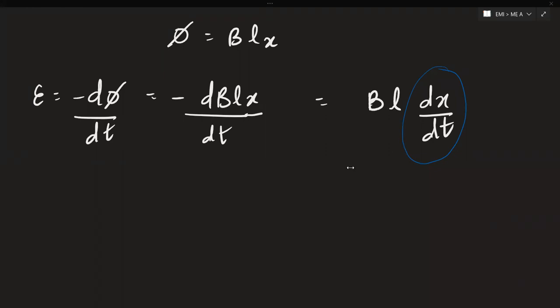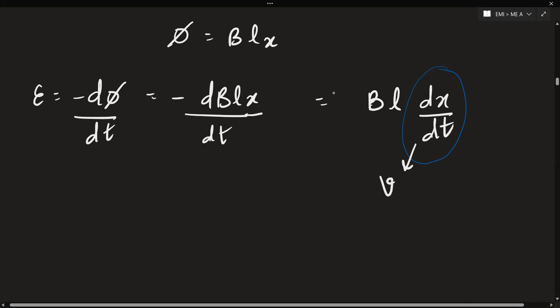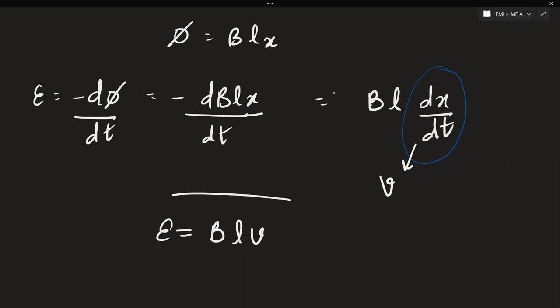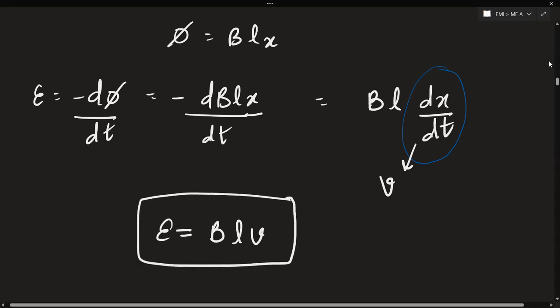Yes, class, what is dx over dt? Very easy term this is. Yes, Asta. Velocity, perfectly. Dx over dt is velocity. So the formula of motional EMF is what? BLV. This is the formula of motional EMF.